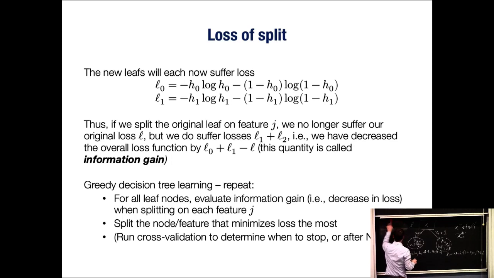My total loss is going to be equal to the old loss plus the new loss I suffer minus the old loss I suffered at that node. Okay. That is the change in my overall loss function if I decide to split this partition on that feature. And this term here, the delta in the loss, is called information gain.